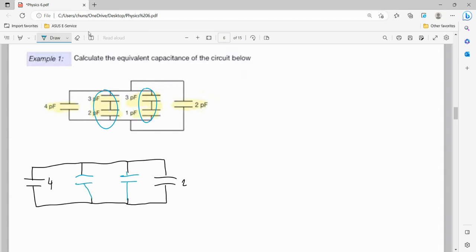Our series rule is C equals the sum of 1 over C, to the -1. If we do it for 3 and 2, this is 1 over 3 plus 1 over 2, to the -1. This is 1 divided by 3 plus 1 divided by 2, and this is equal to 1.2. So this is 1.2 here.